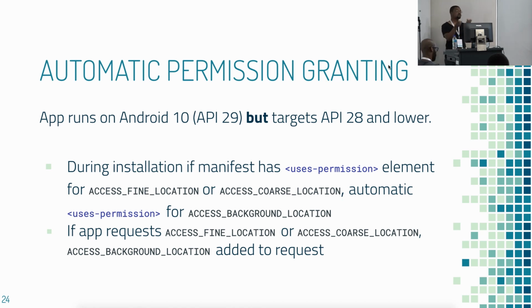So the system will grant you this permission by default, okay? Then the second one, if your app requests ACCESS_FINE_LOCATION or ACCESS_COARSE_LOCATION at runtime, ACCESS_BACKGROUND_LOCATION will be added to your request.